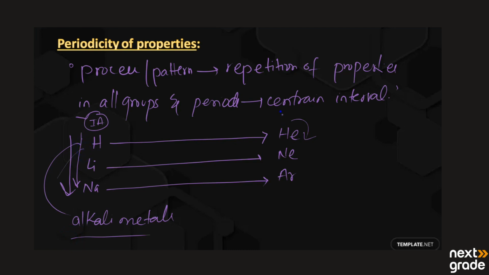But when we look at group 8A, all the elements are noble gases. So after a certain interval, the elements show the repetition of their properties in a periodic manner. This is known as the periodicity of the properties.